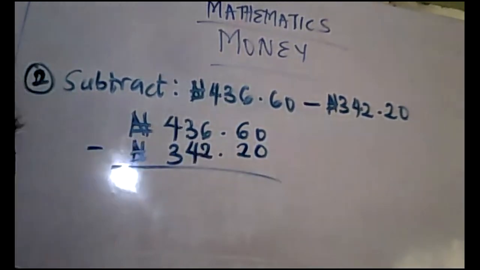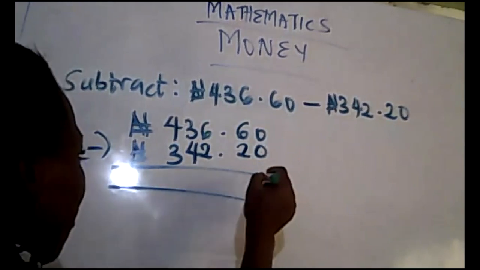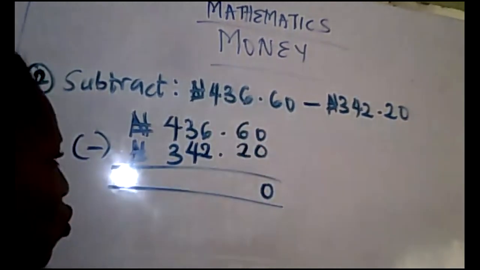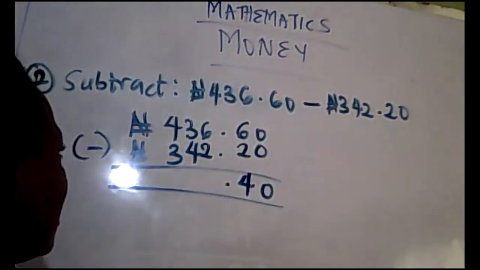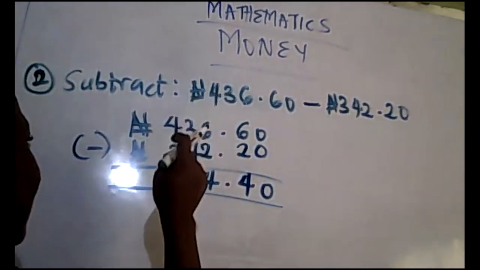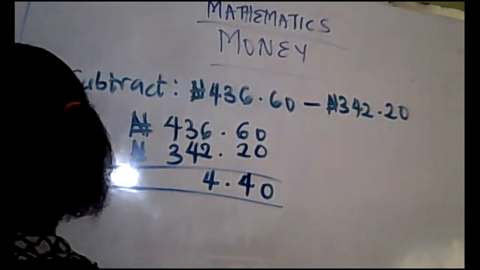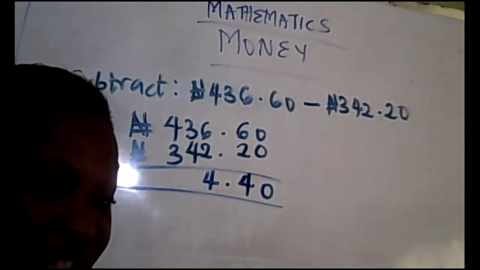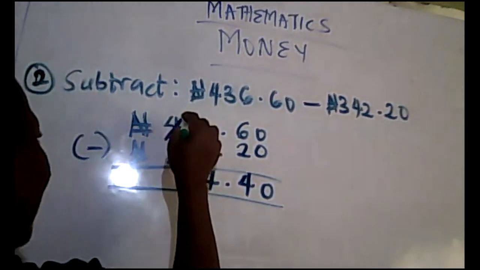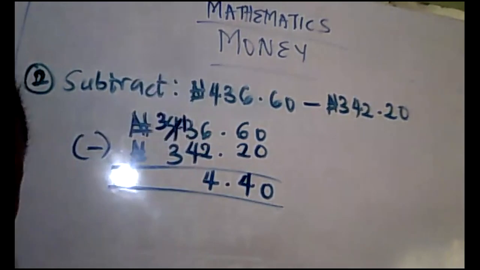Take away. 0 take away 0 is 0. 6 take away 2 will give me 4. 3 take away 4 is not possible. So I will go to the next digit beside it, which is 4. I will borrow 1, this becomes 13, while this reduces to 3.